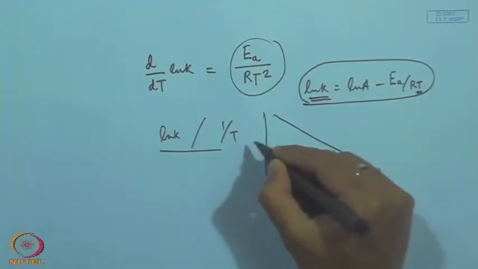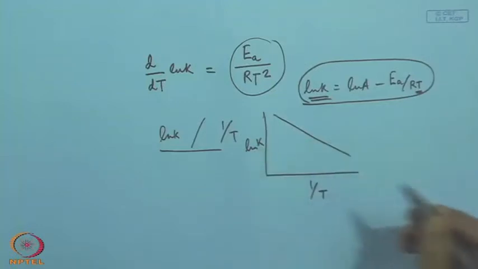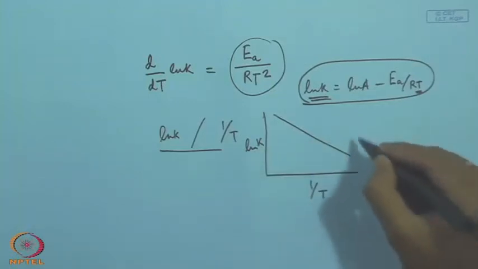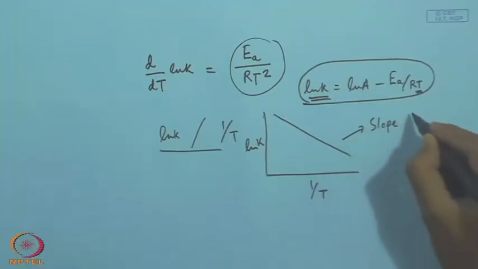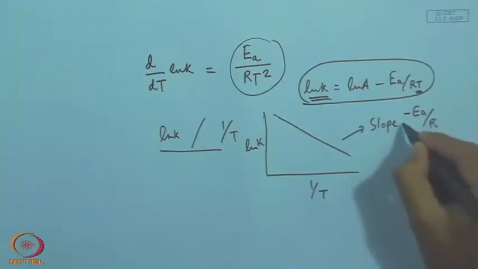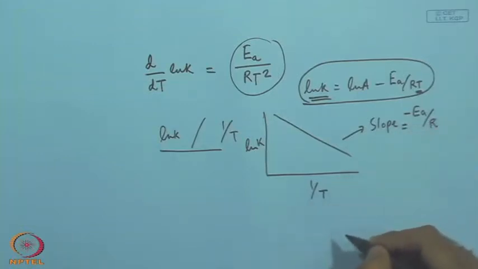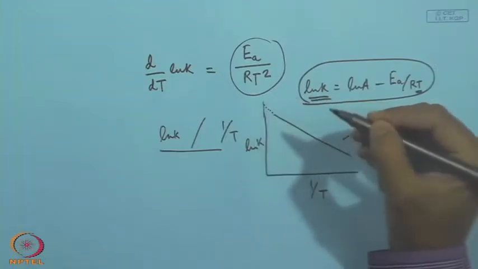On the y axis there will be ln k, on the x axis 1/T. Okay. So, the slope will be minus E_A/R, and this is the intercept.